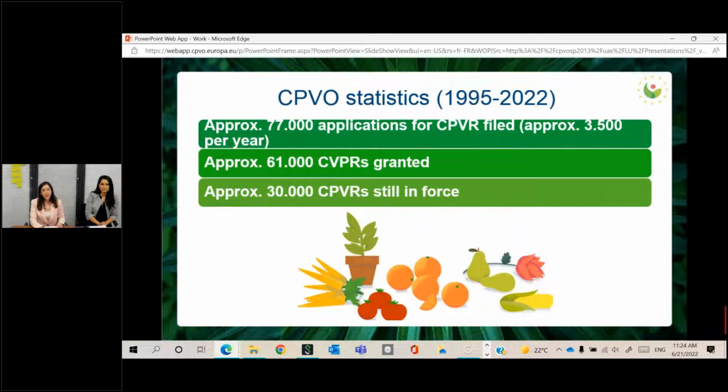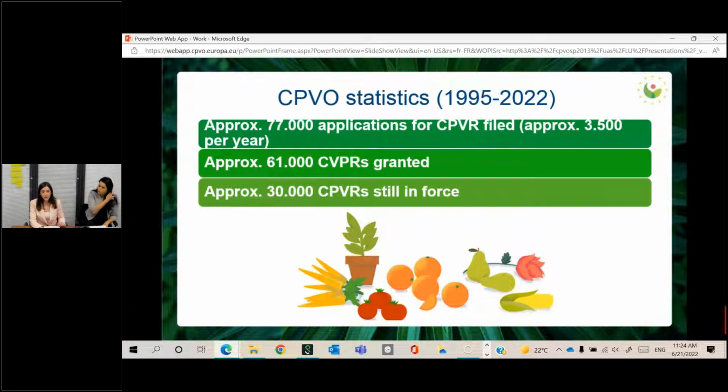Now here on screen, you see some CPVO statistics dating from the period that goes from 1995, from the inception of the system, until nowadays, 2022. You can see that 77,000 applications have been filed, so approximately we have about 3,500 per year.